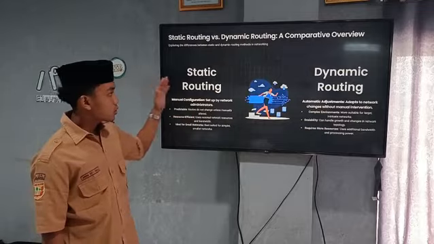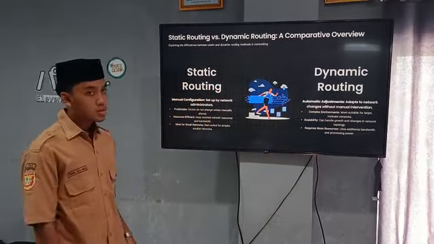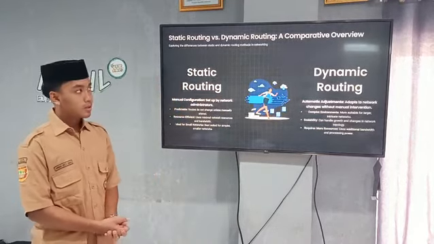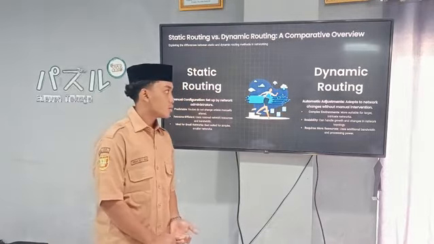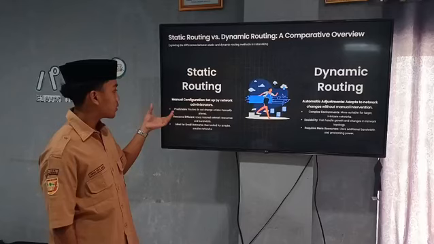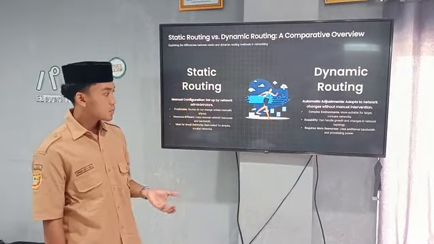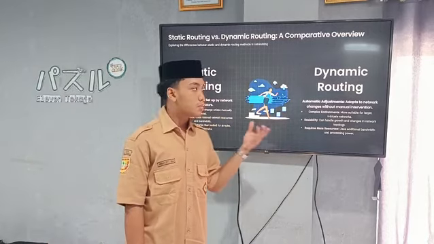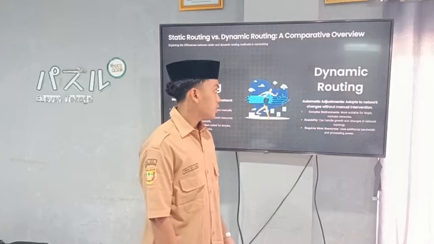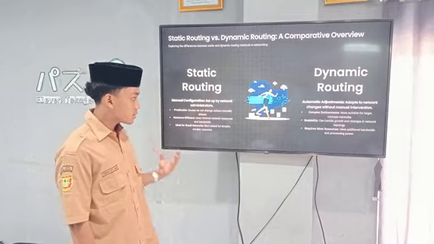And static route and dynamic route differ in the usage of CPU, memory, and others. Dynamic route uses more than static route. For example, if a static route only uses about 5% of your CPU, a dynamic route would be about 15% or more, because it's dynamic and it's all about automatics.